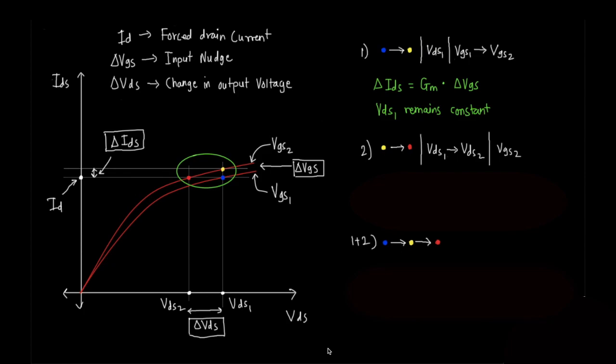Now, as we got to know that IDS cannot change, but as we have taken a step in VGS, now we are on the new top trace. So in this new case of VGS, we have to find the same point where IDS is the same as before. As we already have done, red is the point on the new VGS trace where the current is the same as before. So in all, first the IDS of the MOSFET changes, then as it cannot change, it goes somewhere else or somehow gets cancelled.